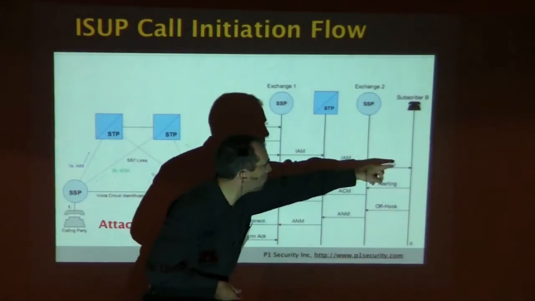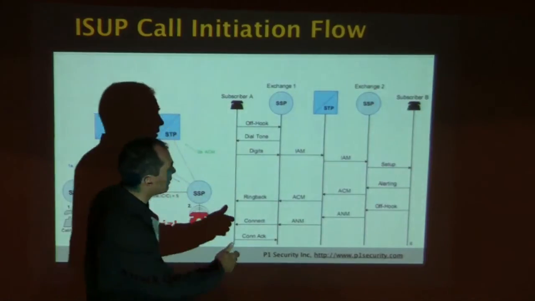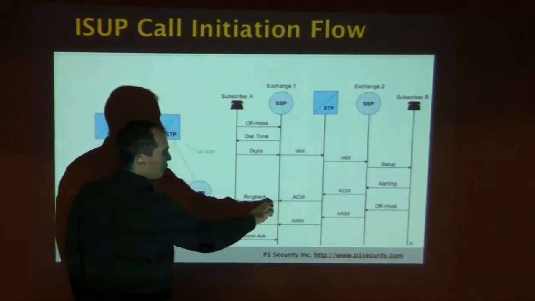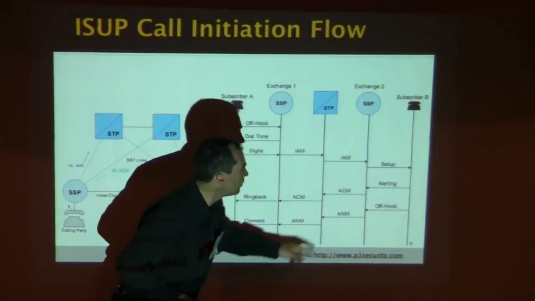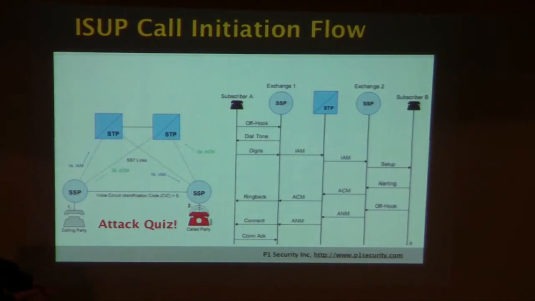And then subscriber B, whom you're calling, gets some ringing, and you hear the ringing yourself, and then the person takes it off hook, you get an answer, the circuit is connected, and you're actually talking to your friend. So each time you make a phone call on a fixed link, this is what is going on in the SS7 network.